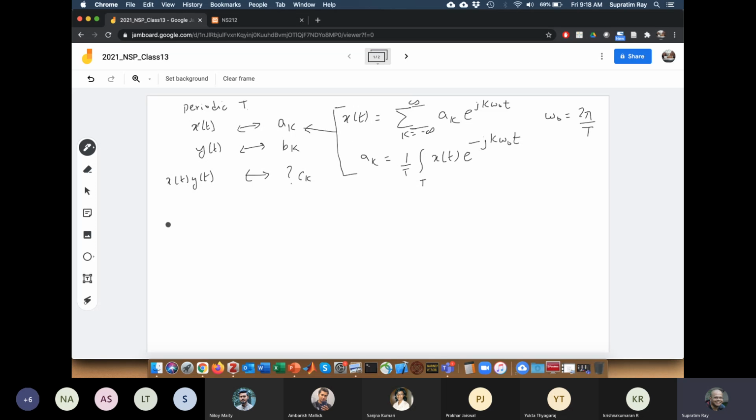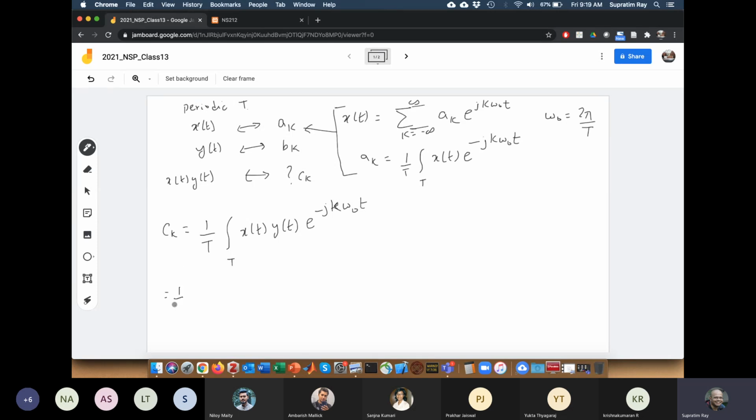So let me try to find out what c_k is. c_k by definition is just 1 by T integral of x(t)y(t) e^(-jk omega_0 t). I've just put the signal here, which is the product of x(t) and y(t). But now what I'm going to do is put x(t) as this full expansion.